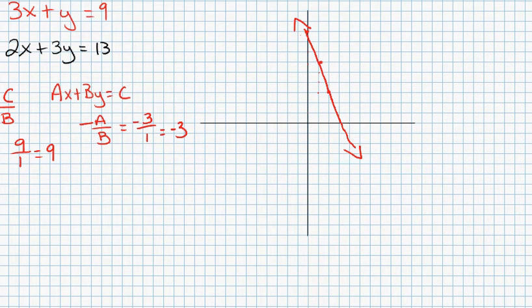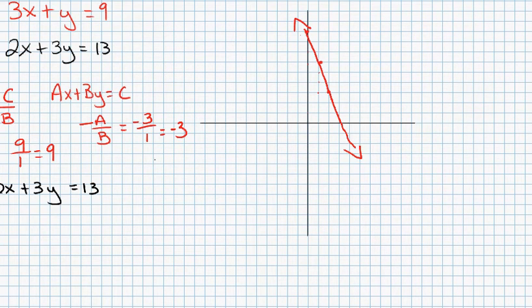Okay, now I'm going to try to do the line in black. So again, that's in standard form. The 2x plus 3y equals 13. So I'm going to try to graph this one as well. On this one, I can do it the same way. It's in standard form.